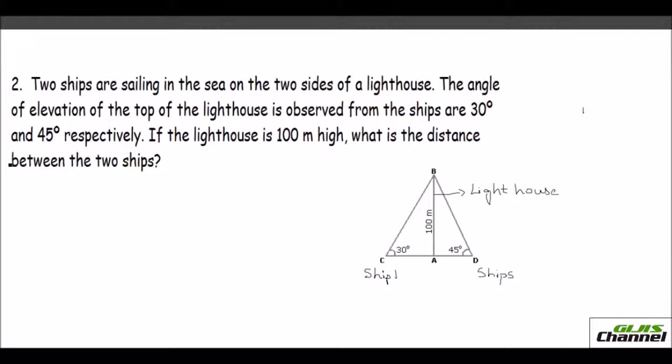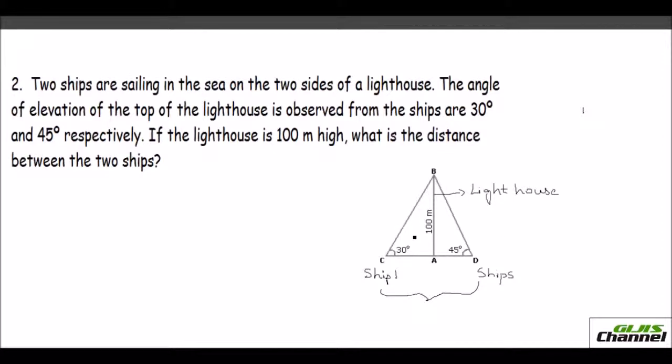The angle of elevation of the top of the lighthouse observed from the ships is 30 degrees on one side and on the other side it is 45 degrees. If the lighthouse is 100 meters high, as shown here, what is the distance between the two ships? So you have to find the total distance, okay? What I am going to do is take it as two right angle triangles.